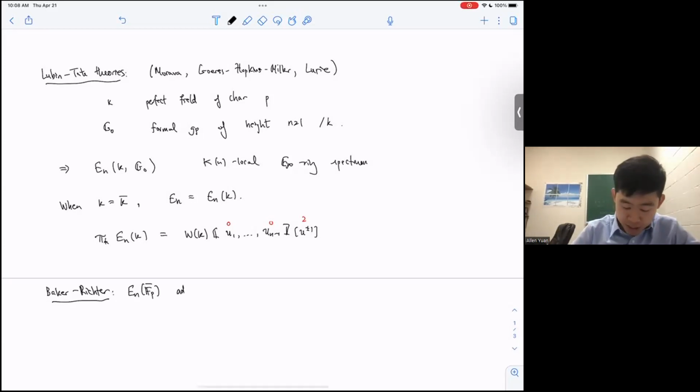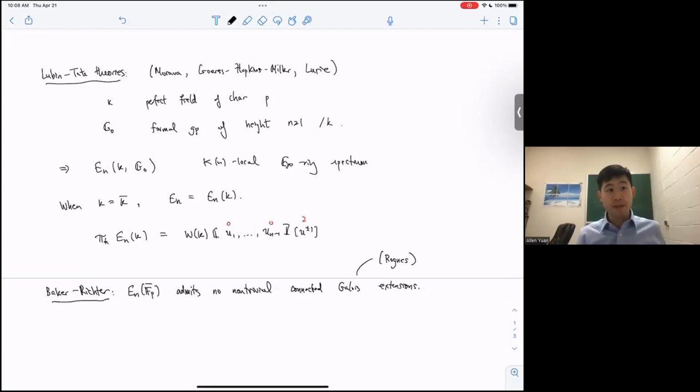So it admits no non-trivial connected Galois extensions. And this notion of Galois is in the sense of Rognes. We define what it means for a map of ring spectra or a ring spectrum to have a Galois extension.